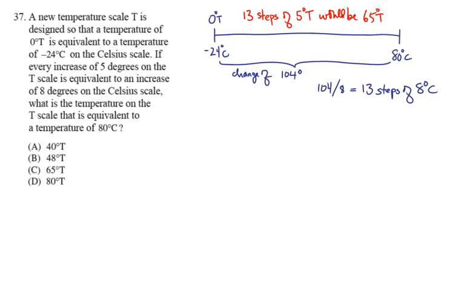So we would need a change of 65 degrees from our starting point of 0 degrees T, and so we would end up with 65 degrees T. So going from 0 degrees T to 65 degrees T is the same as going from negative 24 degrees C to 80 degrees C, and our answer would be C.